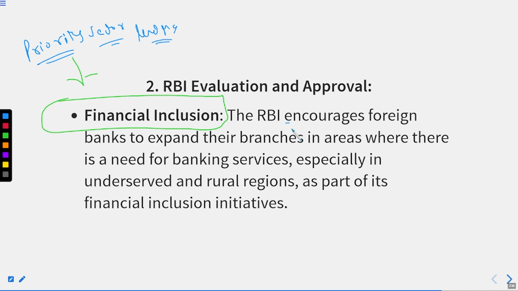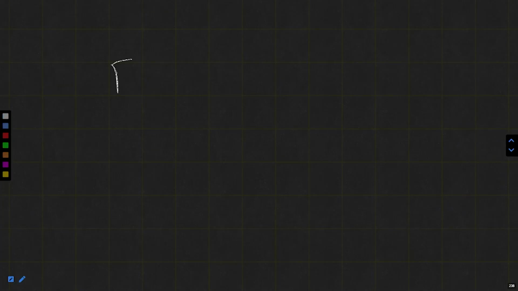The Reserve Bank of India encourages foreign banks to expand their branches in areas where there is a need for banking services, especially in underserved and rural areas, as part of its financial inclusion initiative. Like if this is the bank called XYZ, they propose cities of the high class, like Delhi, Mumbai, Chennai, Bangalore, Hyderabad, Ahmedabad. These are the cities they are proposing to open their branches.